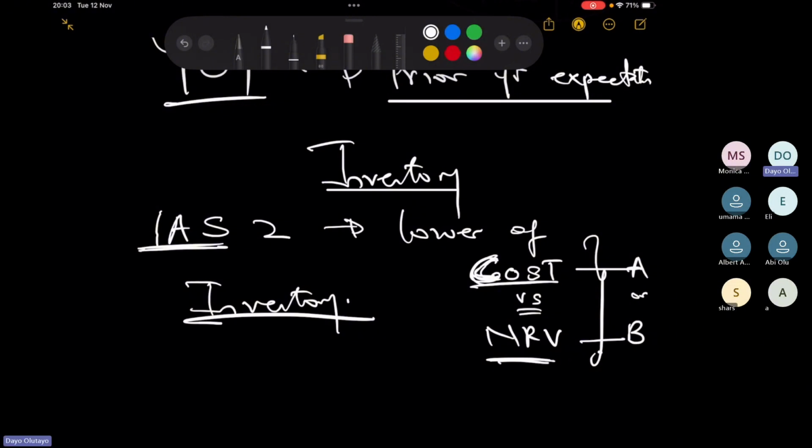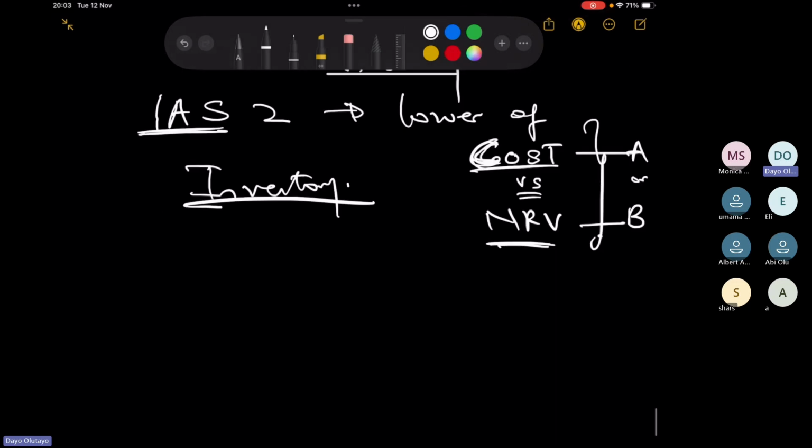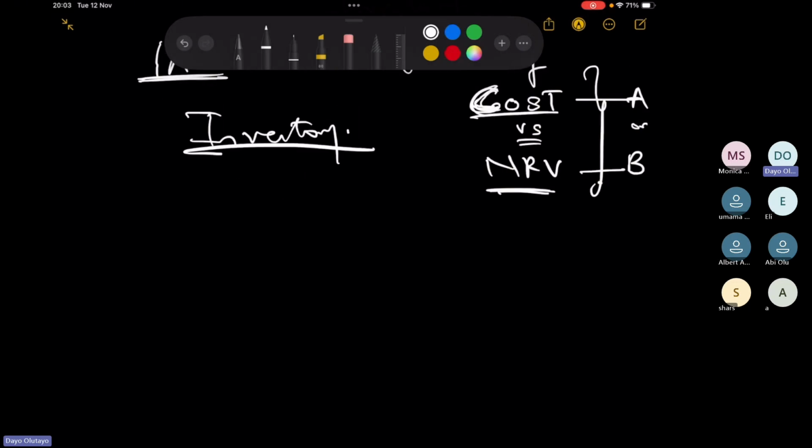And you know that inventory are those materials or finished goods that an entity will use in its ordinary course of business. Yeah. So, very important. And what are the assertions? Like we always do, it's a statement of financial position item. So it's the same assertions that we use for account receivable, which means we're talking of existence.